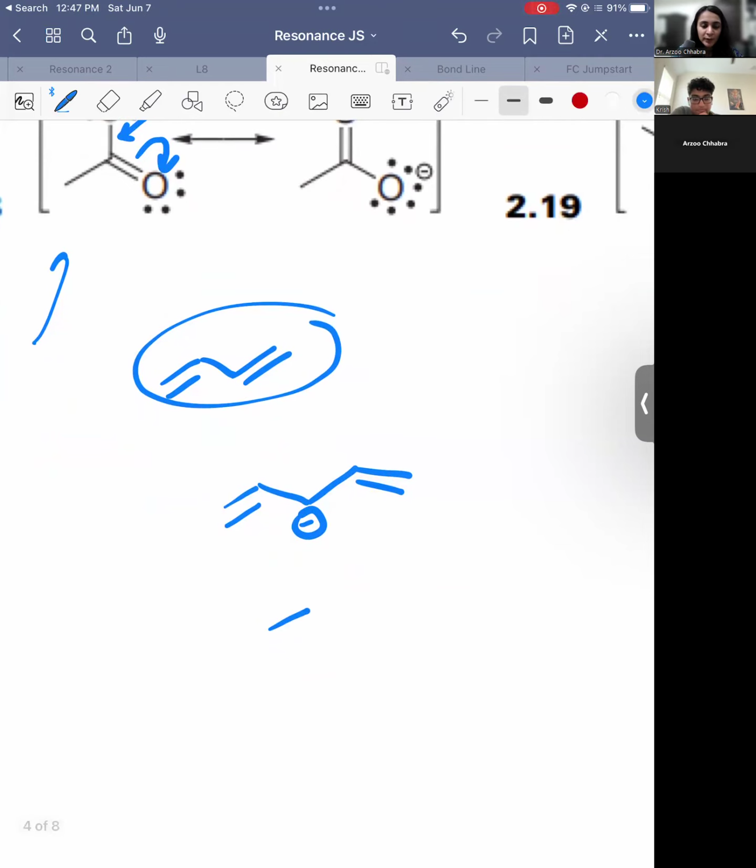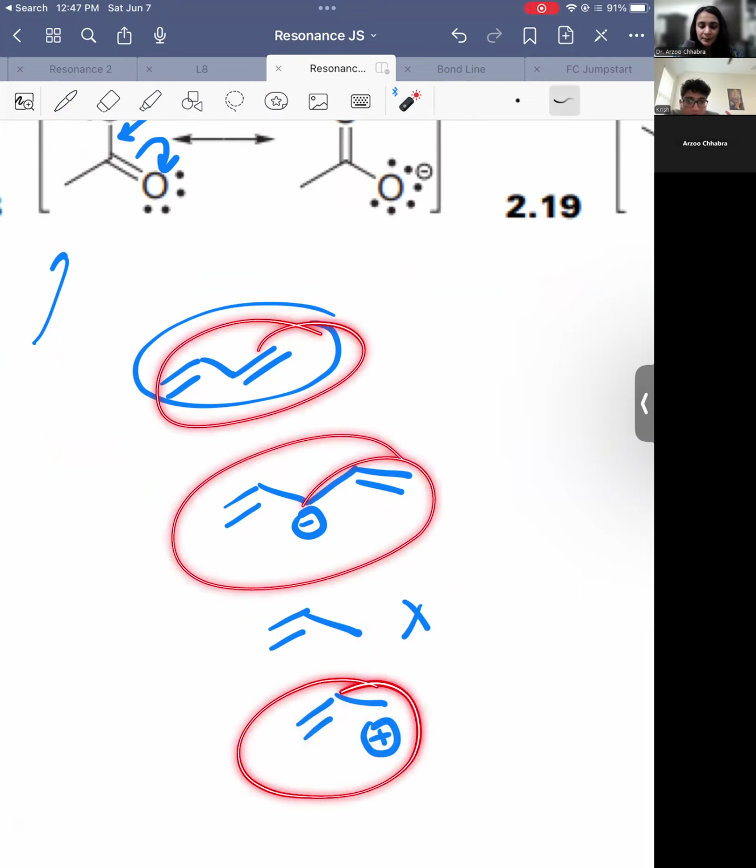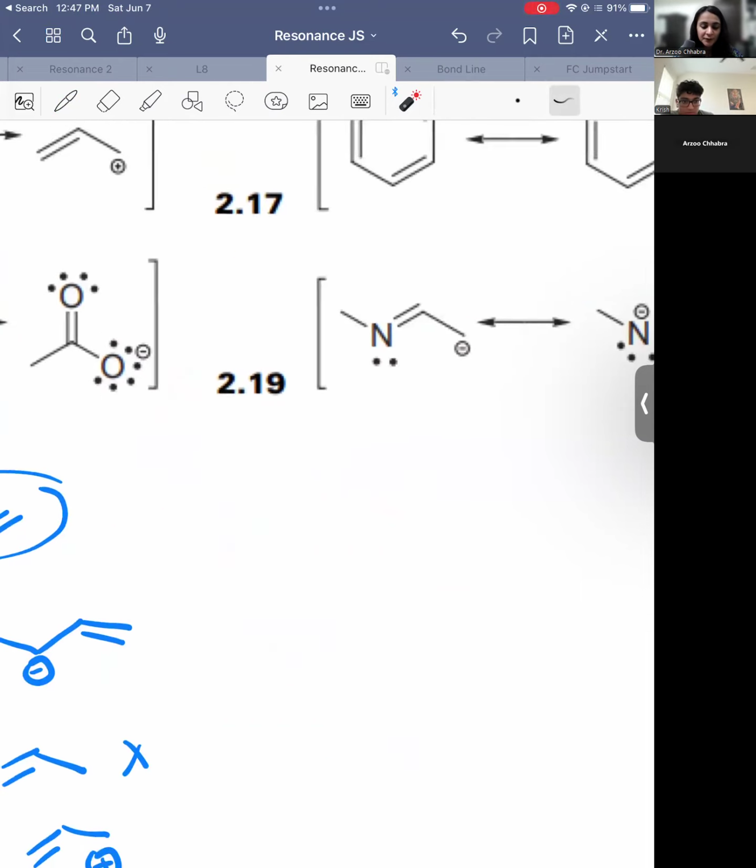And then if you only have this, that's a problem because there's nothing attached, nothing alternating here. But if it's alternating with a positive charge, then that's great, because then you have double, single, and positive. Any kind of charge will help in the resonance structure. So you have 3 of those possibilities for you to write the resonance structure.